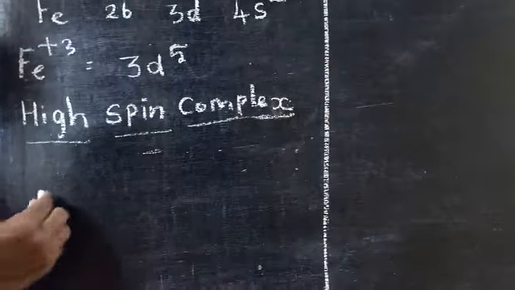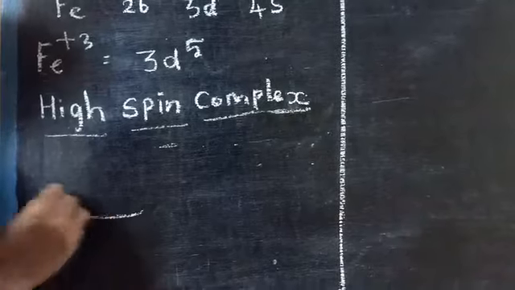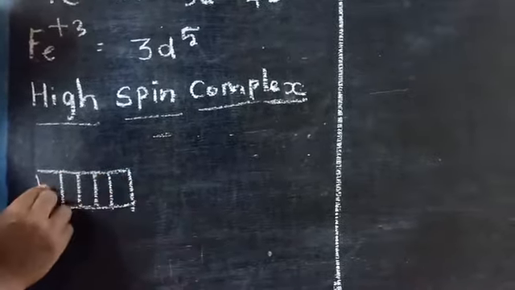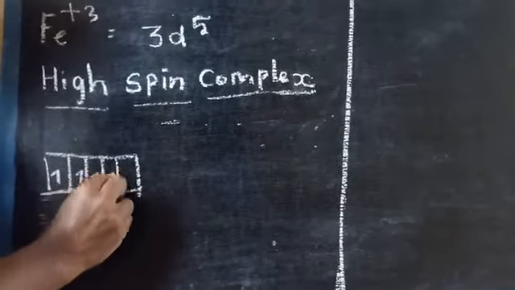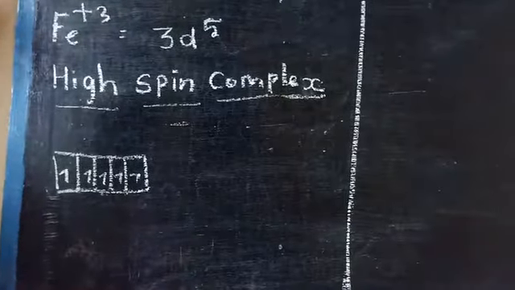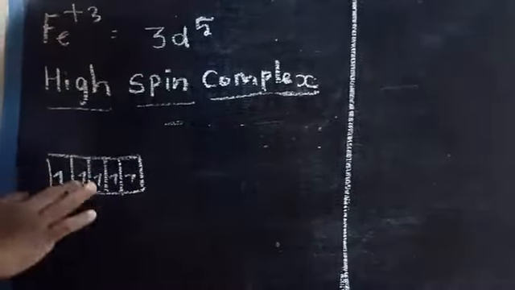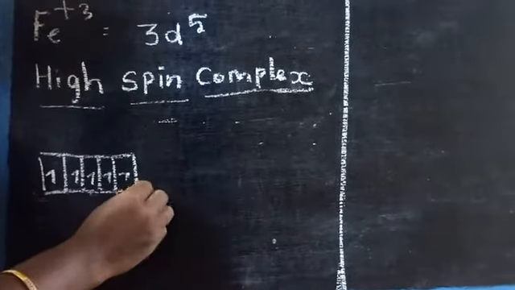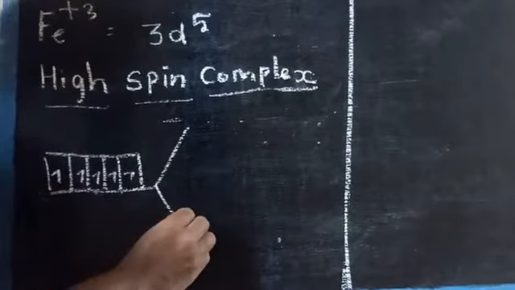Okay. Now d5, the d orbital with 5 electrons. Okay, 1, 2, 3, 4, 5 electrons. This one is the isotropic centre. Okay. Here there is no splitting. In the presence of a ligand, it starts to split. Okay, so now splitting takes place.